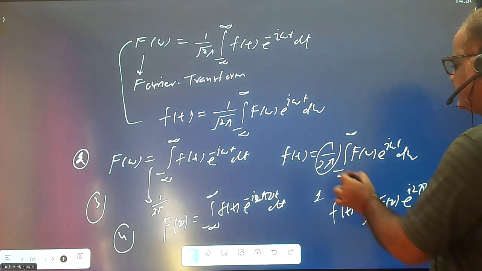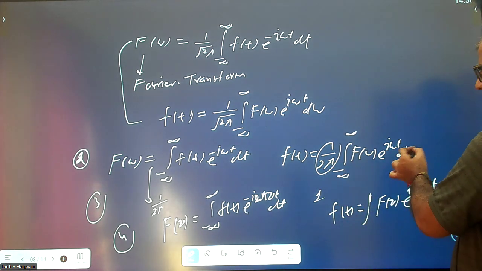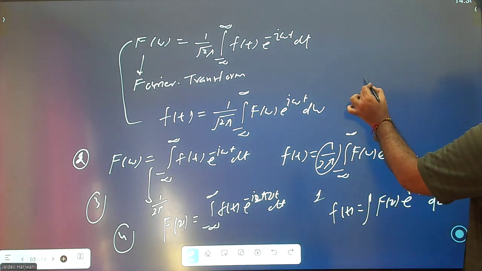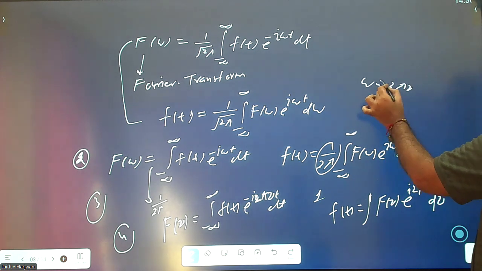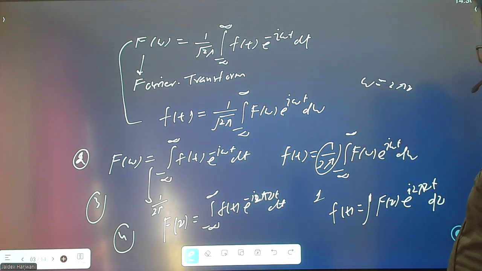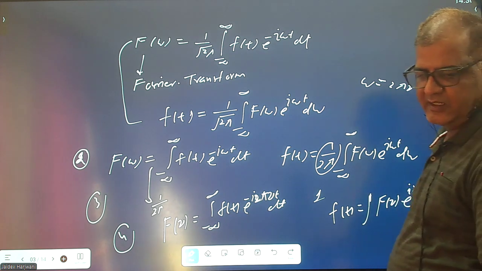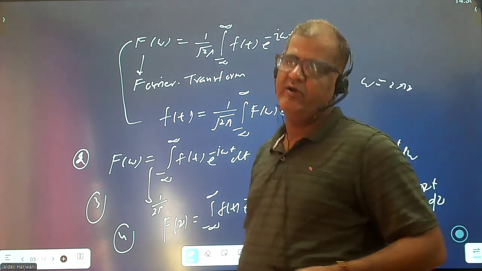That 2 pi is used inside because omega is 2 pi nu, so that can be put inside. So these are different ways of writing the Fourier transform.